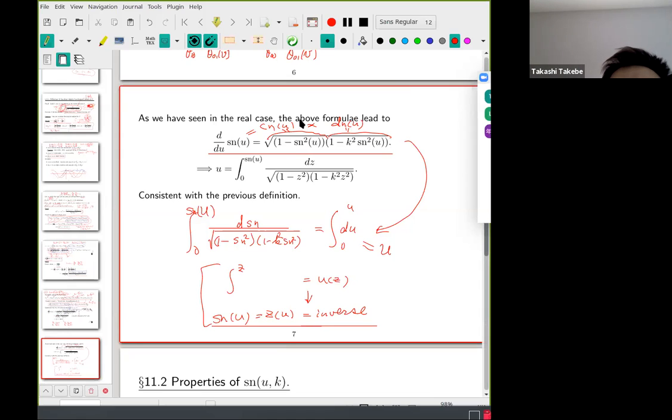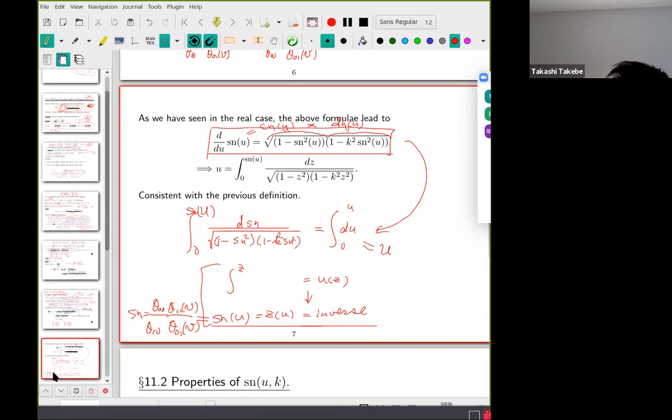And the reason why these two definitions coincide is the differential equation. That was what I explained to you.